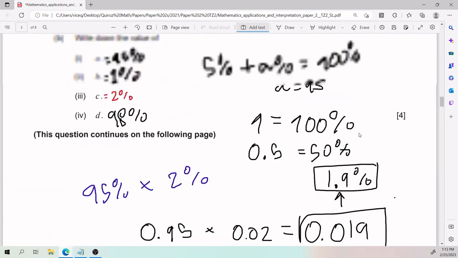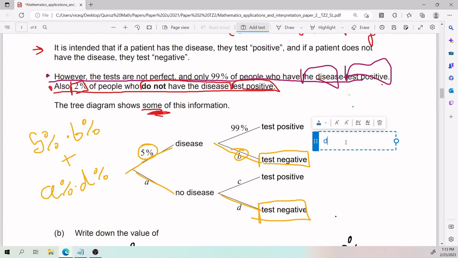You either have disease and test negative, or no disease and test negative. So those are the two options for when you test negative, right?